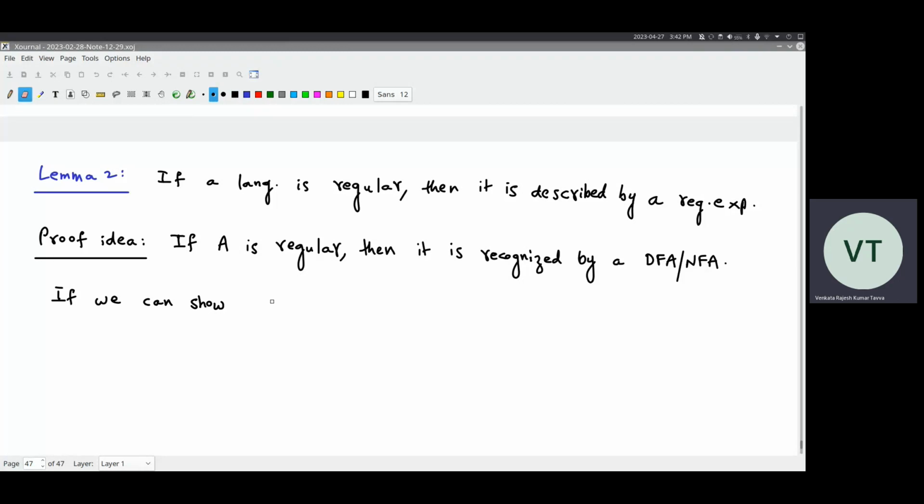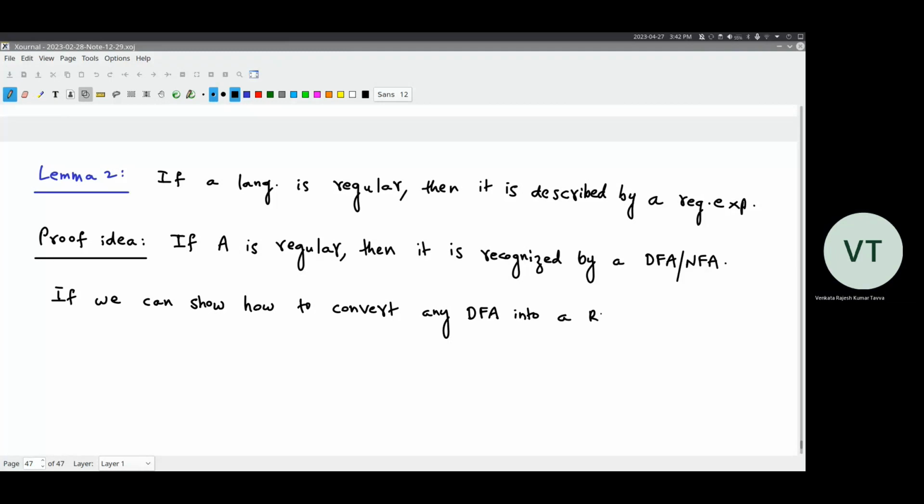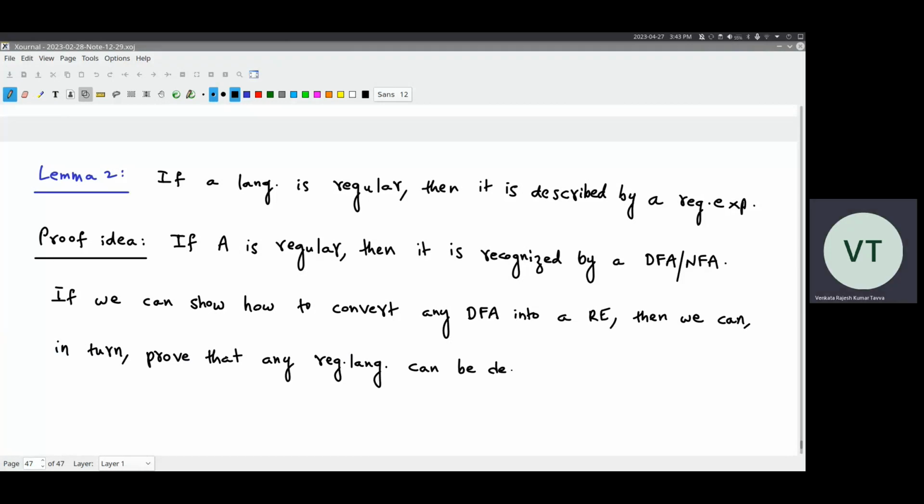If we can show how to convert any DFA into a regular expression, then we can in turn prove that any regular language can be described by a regular expression.